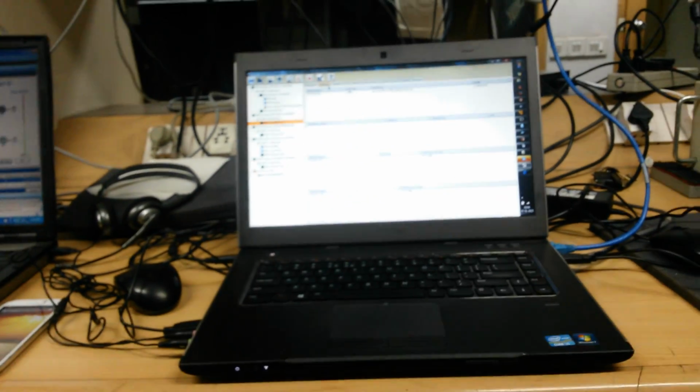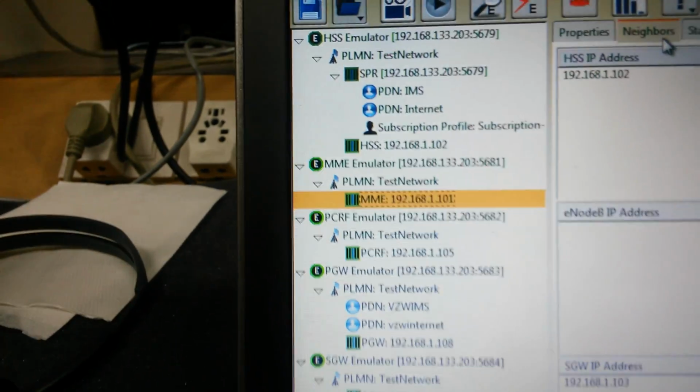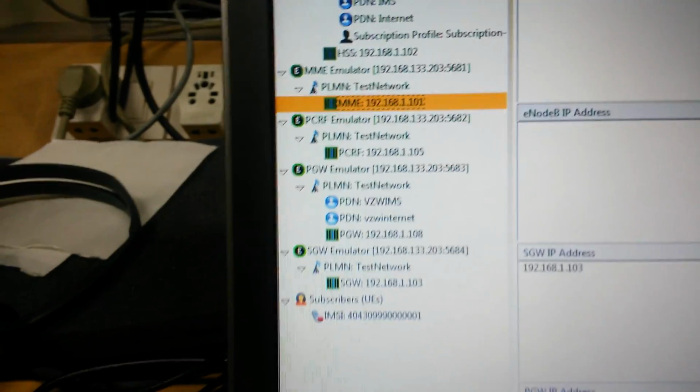This laptop is running the Polaris EPC emulator software, and what you see on the screen here is the EPC emulator console. This software emulates the HSS, MME, P gateway, and S gateway.